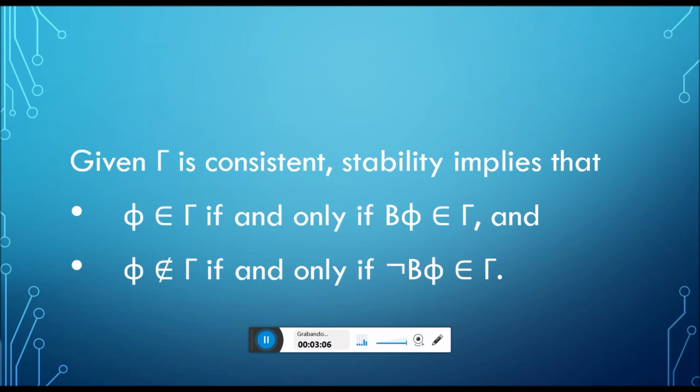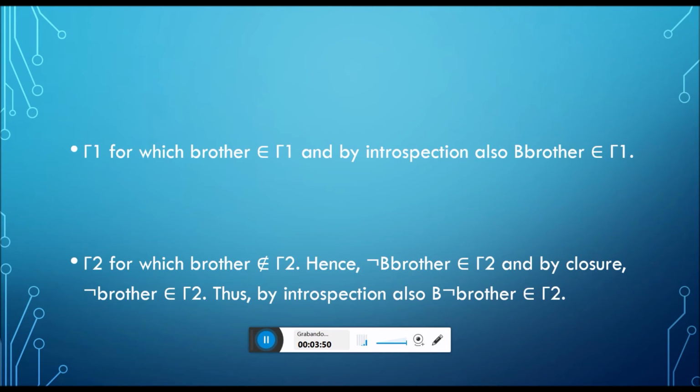Given gamma is consistent, stability implies that phi belongs to gamma if and only if B phi belongs to gamma, and phi does not belong to gamma if and only if not B phi belongs to gamma. We're going to consider two types of consistent stable sets. 1.